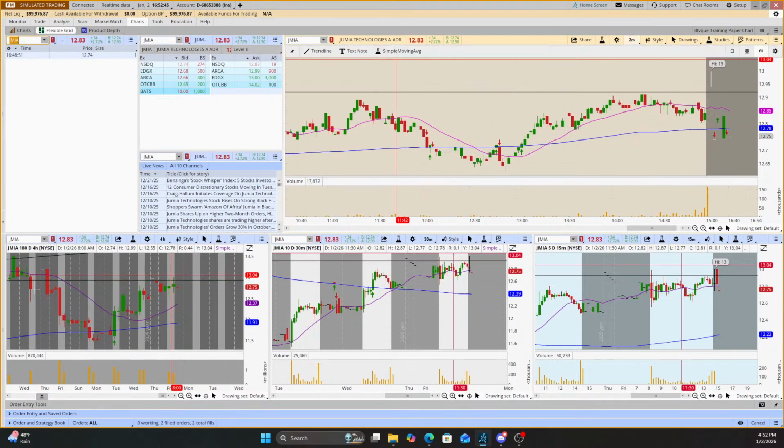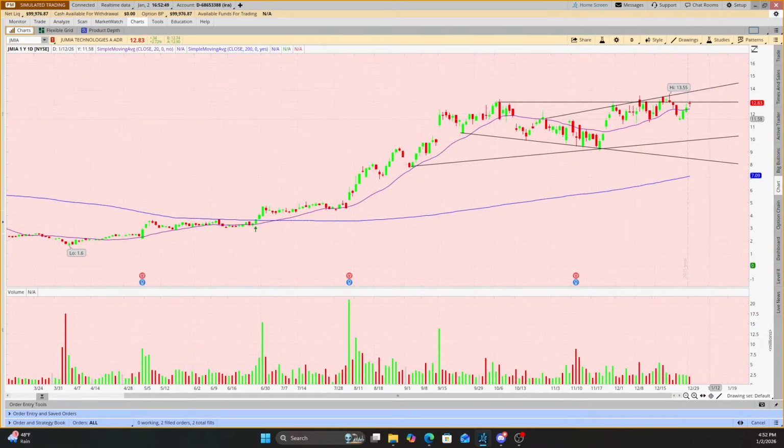So let's look at the day chart. So we're still going up. Now the play, we're gonna see what the play is. I think it's gonna go back down at least to about 11 something.